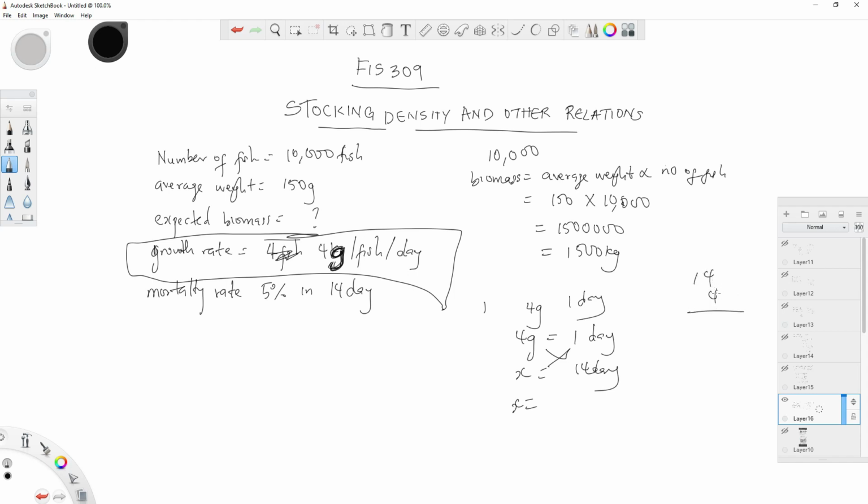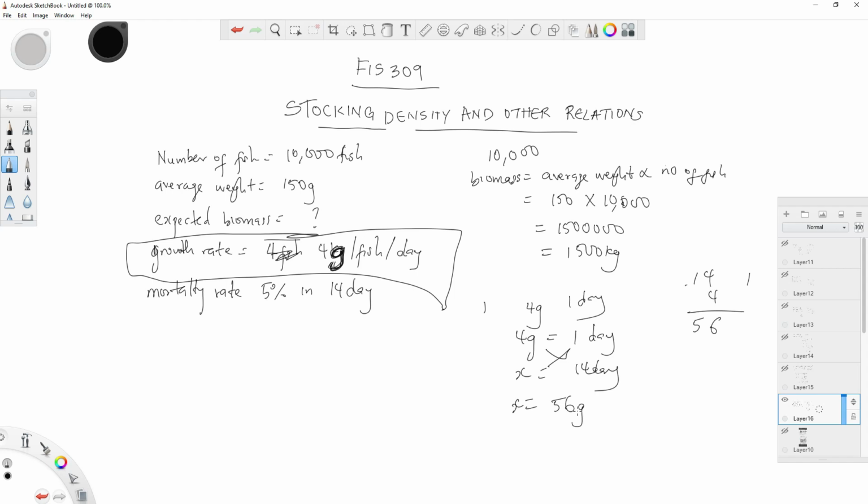4 times 14, that's 56. So 56 grams is the amount of weight the fish would have accumulated over the period of the 14 days, isn't it?